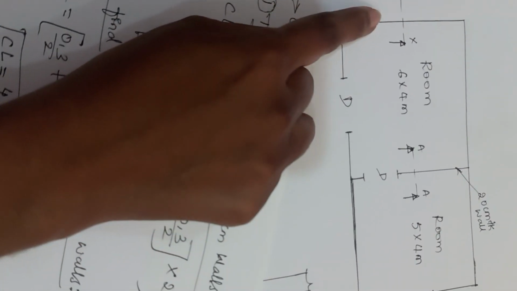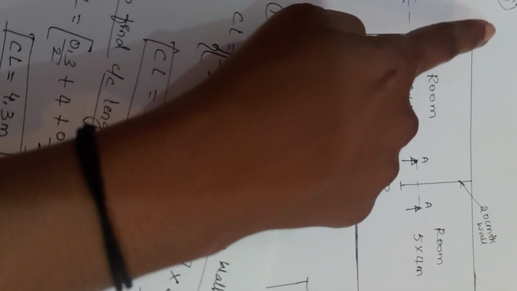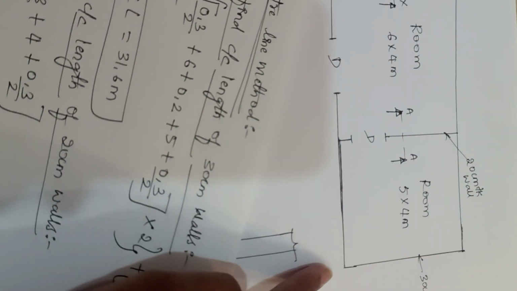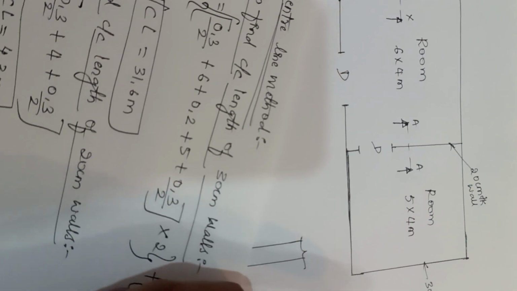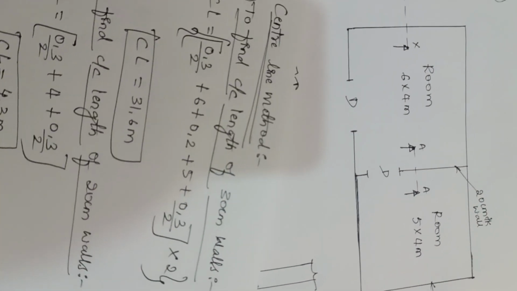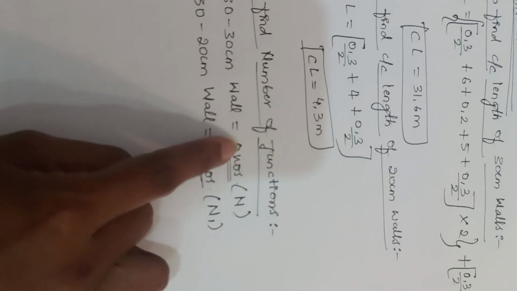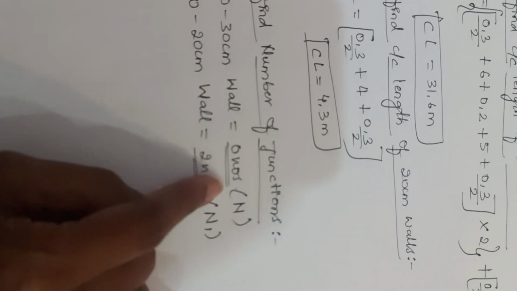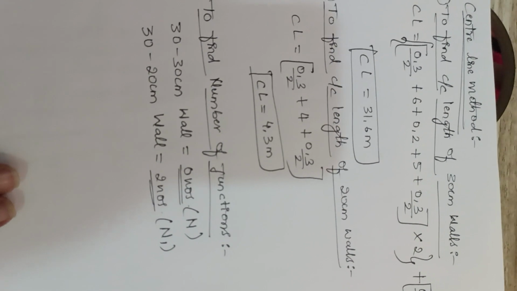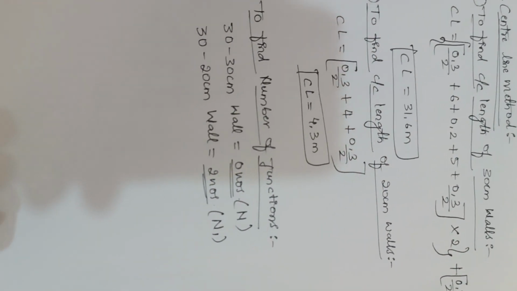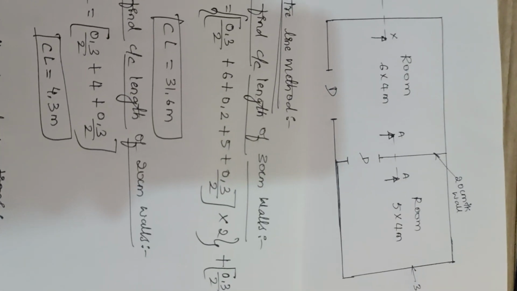So that is why, as there is an L shape in all four corners, we don't get junctions for 30 to 30 centimeter wall. So you can directly write it as 30 centimeter to 30 centimeter wall, number of junctions is equal to 0.